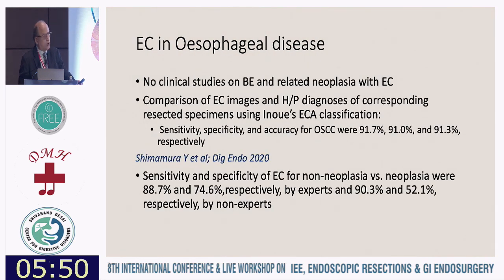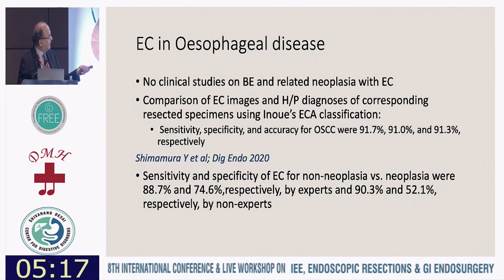Now let's see where endocytoscopy stands. Unfortunately, there are no clinical studies on Barrett's esophagus or related neoplasia with the endocytoscope. Comparison has been made only in biopsy specimens and resected specimens, and this is done only by the developers, the Inoue group, and sensitivity, specificity, and accuracy for esophageal squamous cell carcinoma was in the 90s, so very high, but it is not a clinical study.